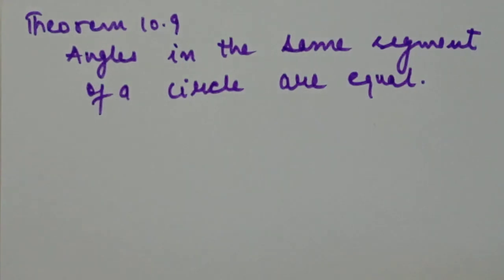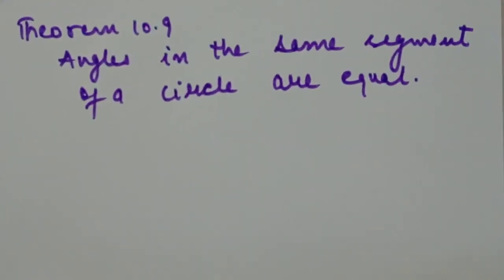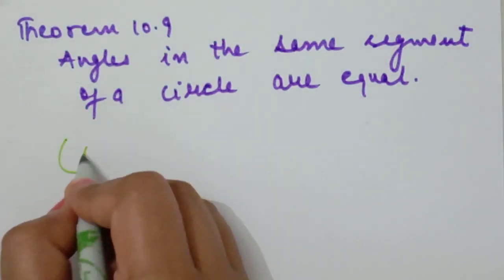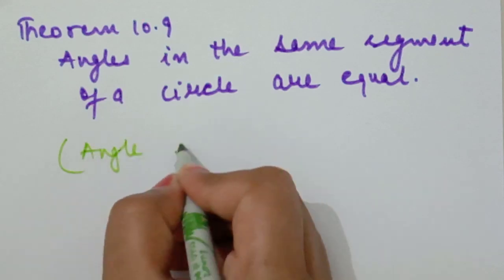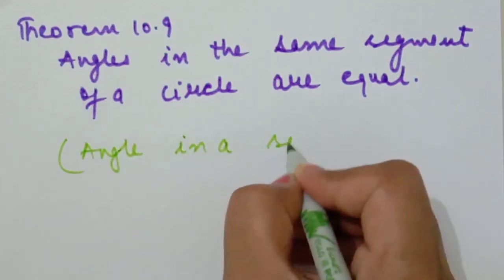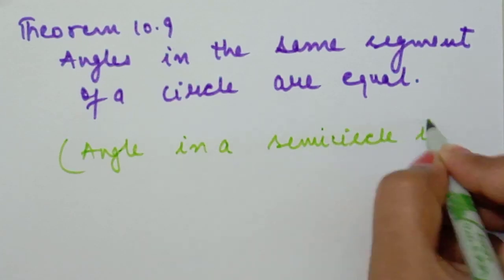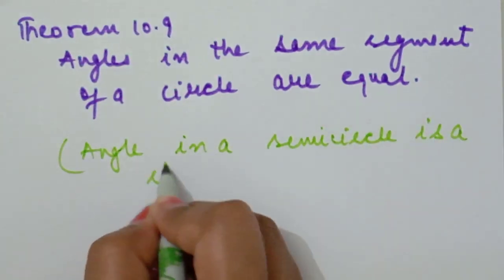And there is another property of a circle which is also a part of this same theorem: angle in a semicircle is a right angle.